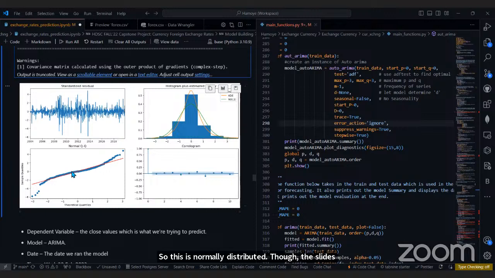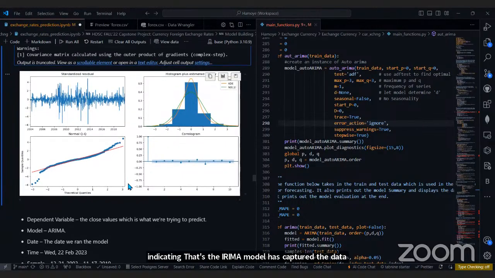Then for this one, the data points seem to follow the red line, with some deviation at the extremes, probably indicating those high values. Then this correlogram: the residuals show no significant autocorrelation, indicating that the ARIMA model has captured the data structure effectively.